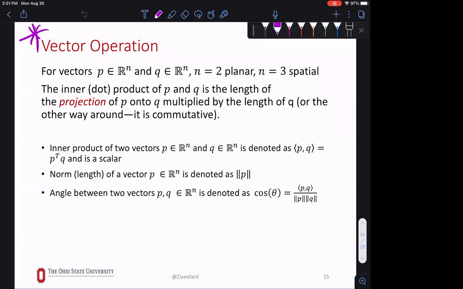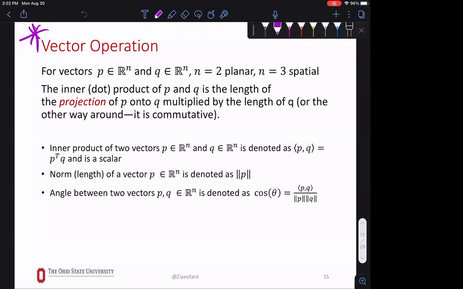What's the physical sense of the inner product of two vectors? Projected, that's the keyword. So A dot B is the projection of A along B, and vice versa.